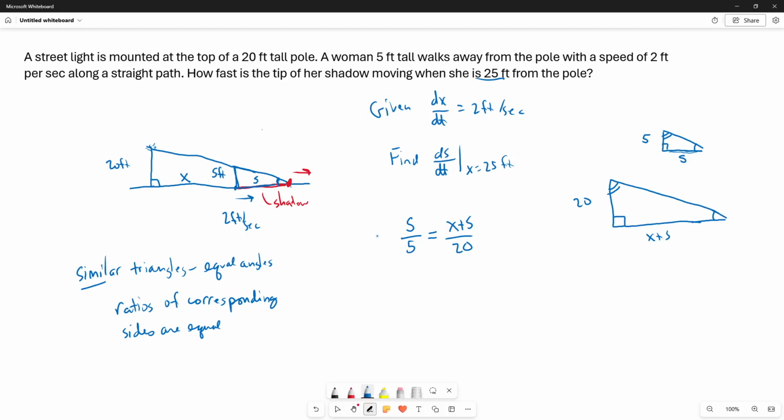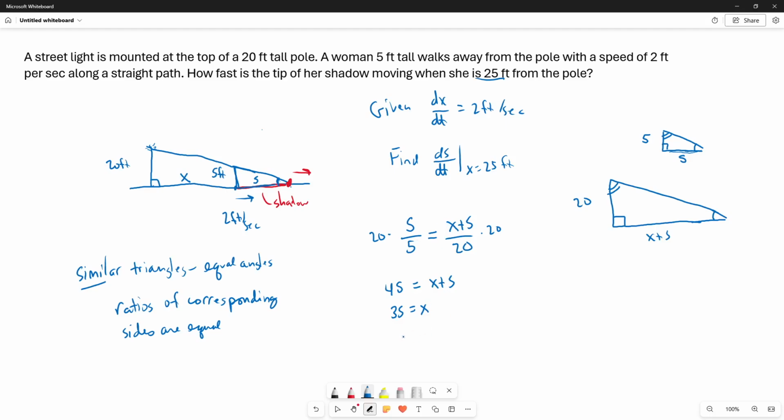If we multiply both sides by 20, then on the left side we get 4s, because 20 divided by 5 is 4, and here we get equals x plus s, because the 20s cancel. And then we can subtract s from both sides to get 3s is equal to x.